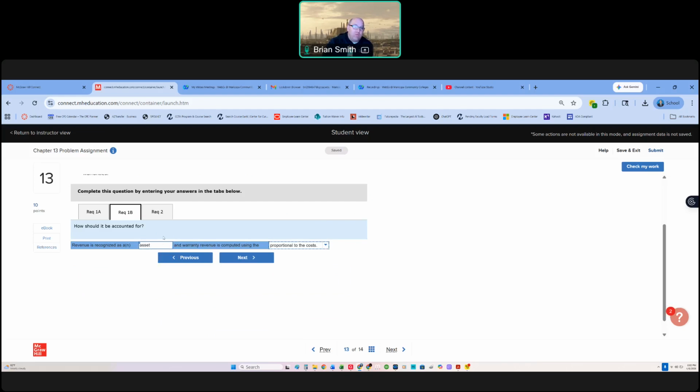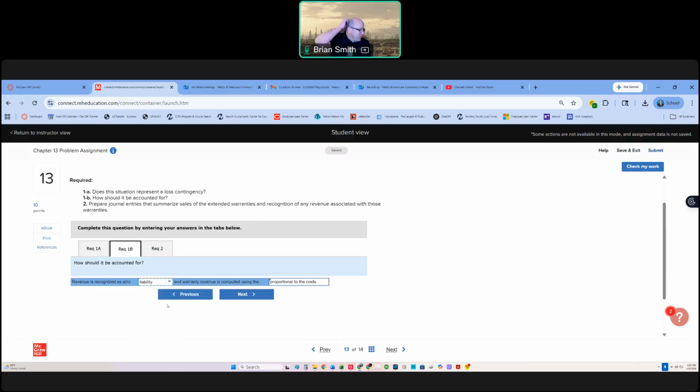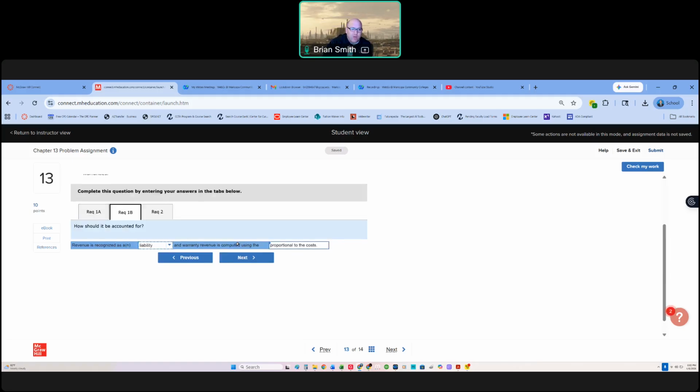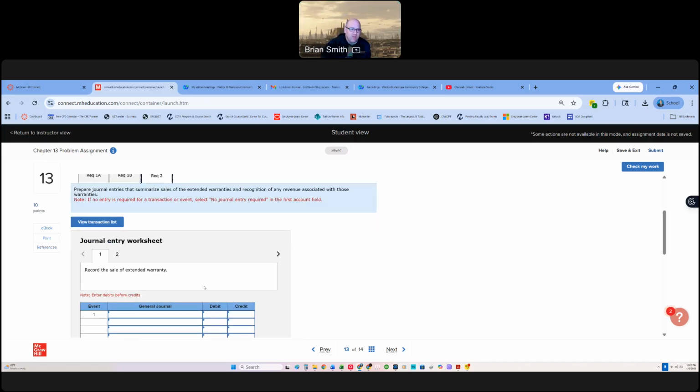Why would it be revenue is recognized as a liability? That's just weird. I think it's a liability because you're recognizing revenue as unearned until the time period expires, but there's that 20% that expired. It's kind of like a broad question for the whole situation. I hate it when they do that.